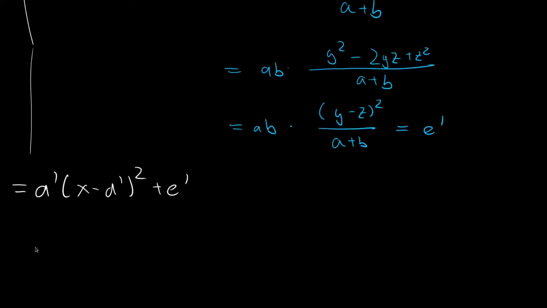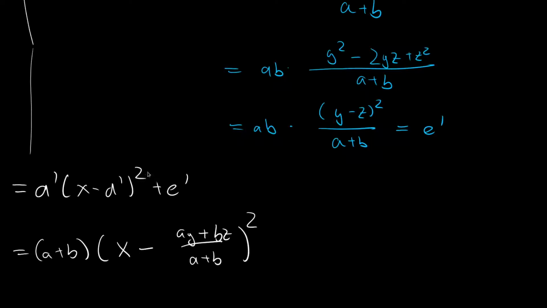And let's plug in what we had. For a prime we had a plus b, so we have a plus b in brackets times x minus, and for d prime we had ay plus bz over a plus b. Then we have closing brackets squared, and for the e prime we have ab, which is essentially this term here, times y minus z in brackets squared over a plus b.